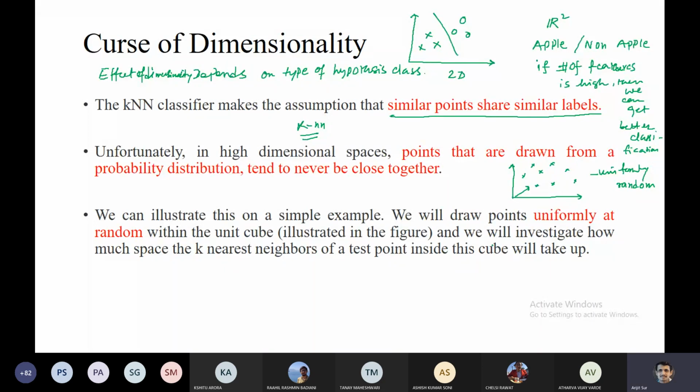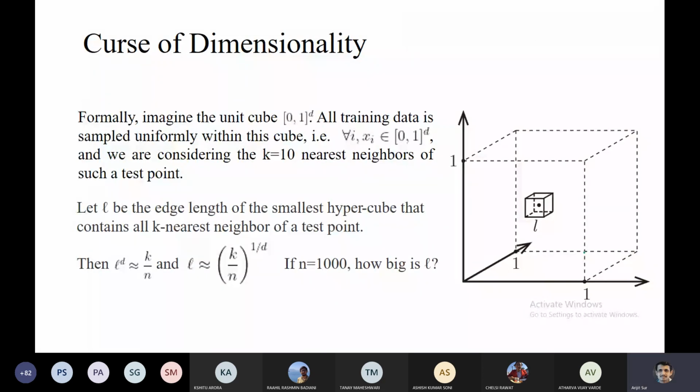We will investigate how much space the k nearest neighbors of a test point inside a cube will take up. We imagine a unit cube, so this is 1, this is 1, and this is 1.